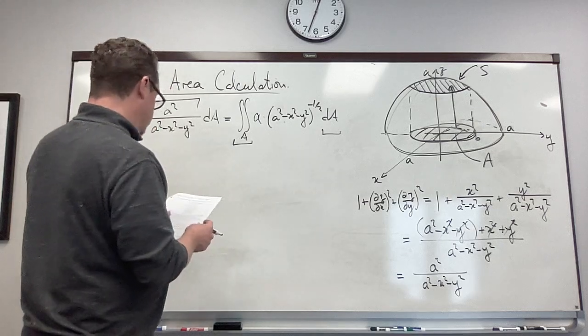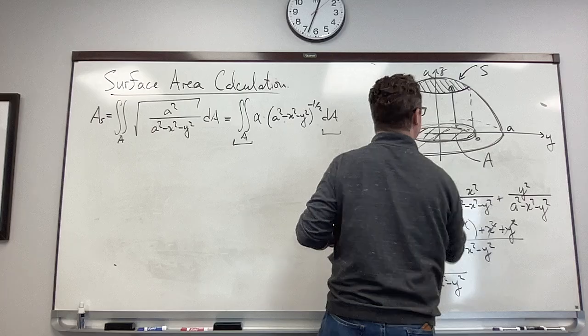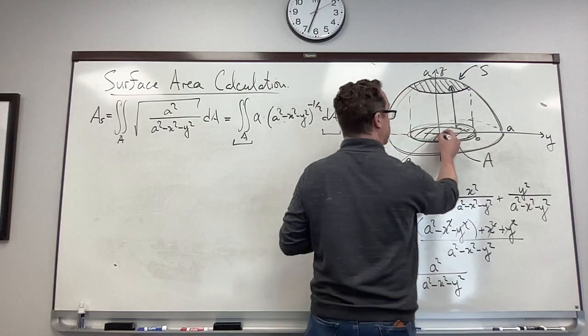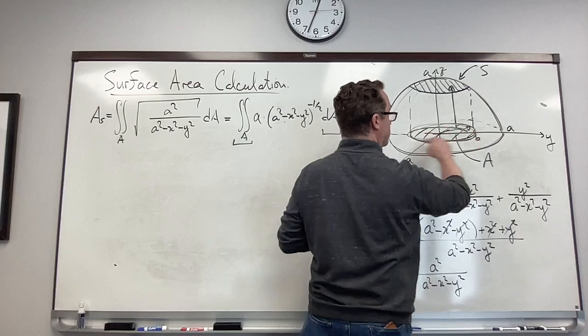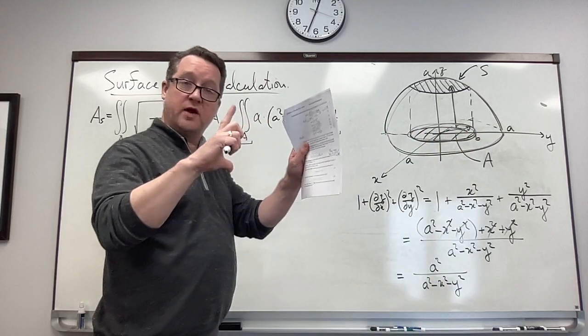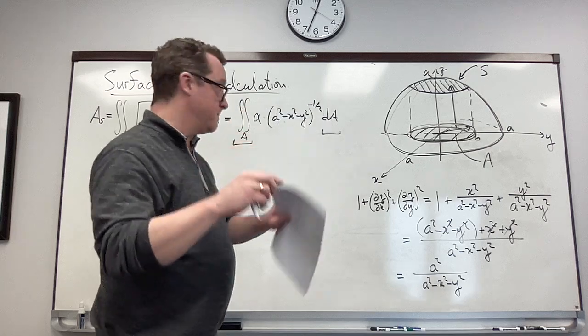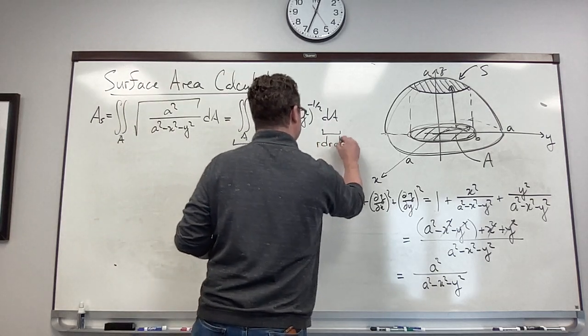Okay? If I do this in polar, I'm integrating over this region A, right? So r is going to go from 0 to b, and theta is going to go from 0 to 2 pi, because our region we're integrating over is just a circle. And this will become r dr d theta.